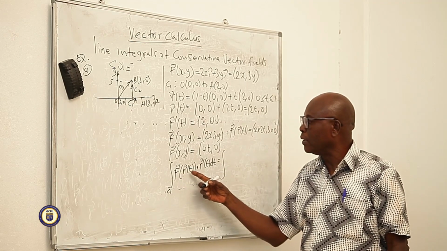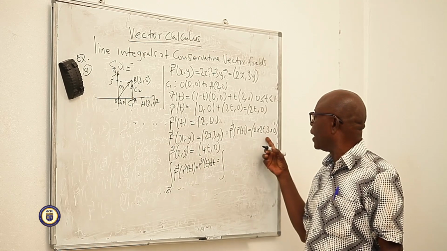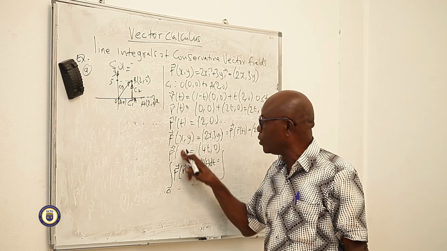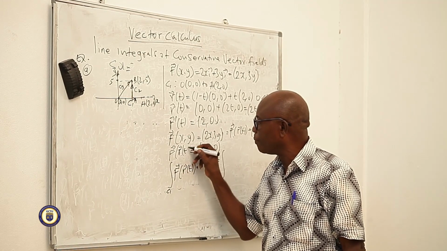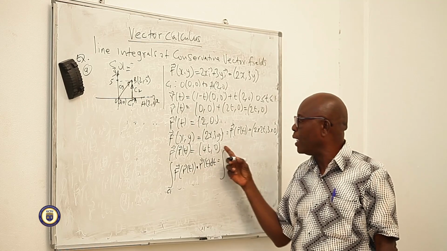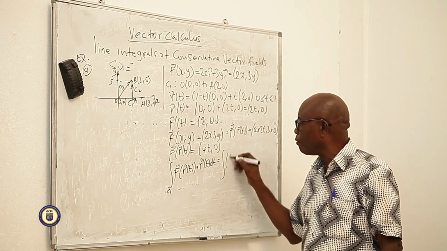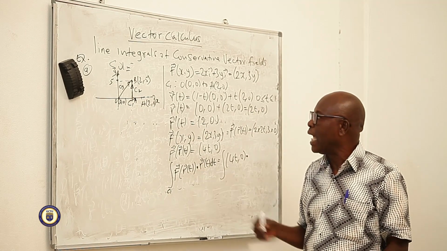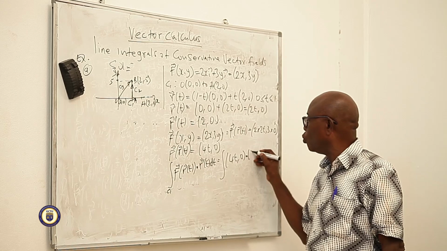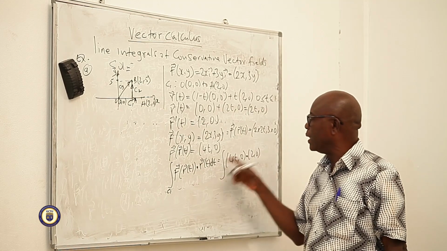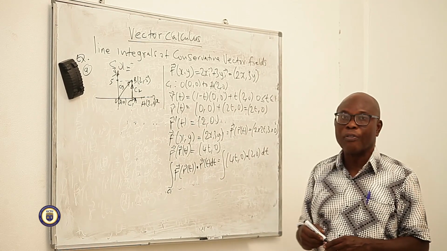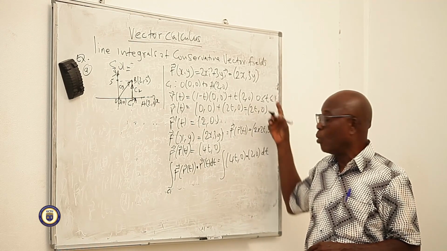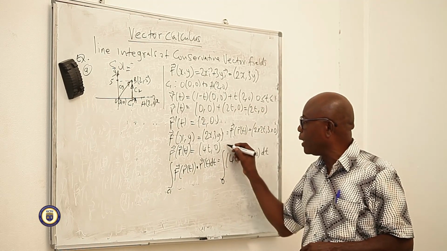F of r(t) is what we've gotten here, 4t and 0, dot r'(t), which gives us 2 and 0, times dt. Our t is between 0 and 1, so the lower limit is 0 and the upper limit is 1.